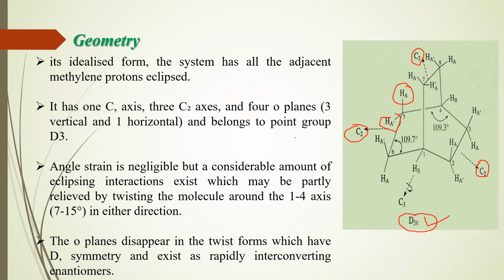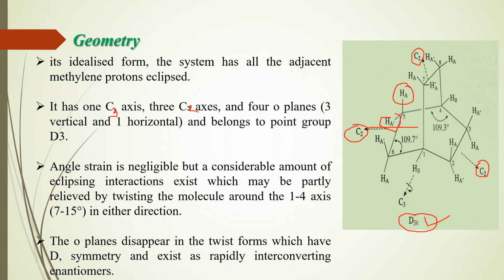Here, while writing it got a little distorted, but 1 C3 axis of symmetry is present. Then again 3 C2 axes of symmetry are present, and 4 sigma planes. Here the 4 planes: first, second, third, and this is the fourth one. Three planes are vertical.